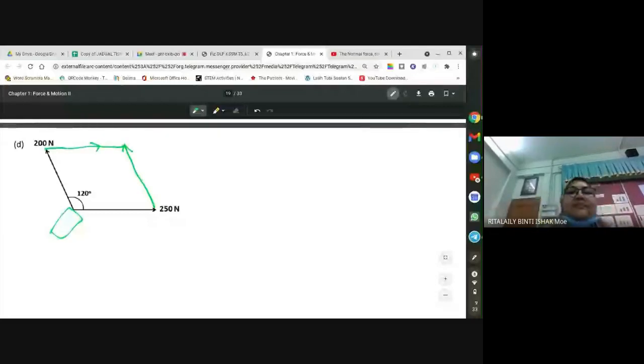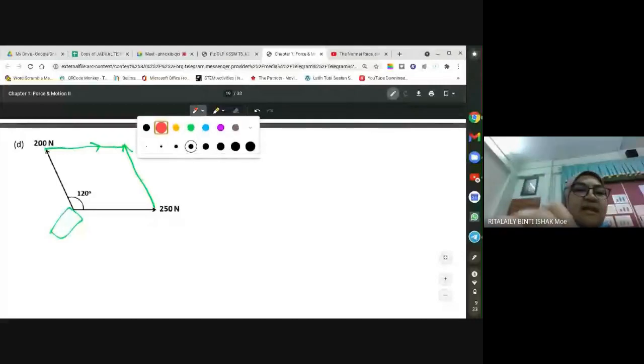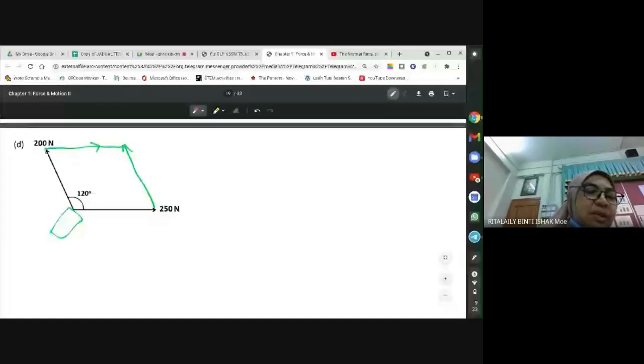And lastly, the line connecting the initial position, or the starting point, to the arrow in the middle. And then we measure. That is how we calculate the resultant force if the forces are exerted onto an object at a certain angle.